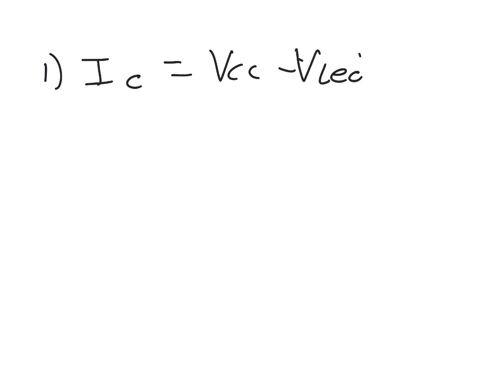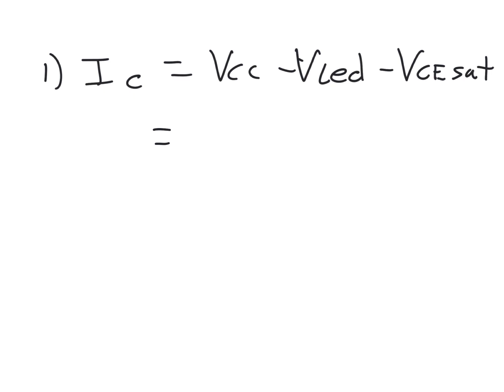So step 1, we can say then that the collector current is equal to VCC minus VLED minus VCE sat. Okay, so those values were all given to us.